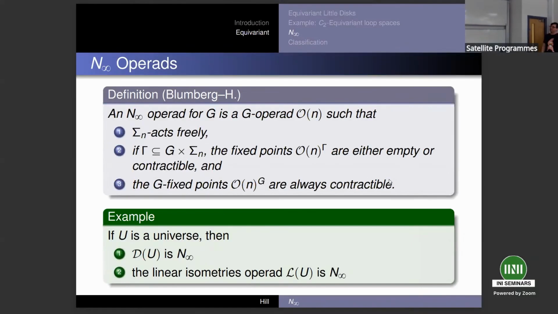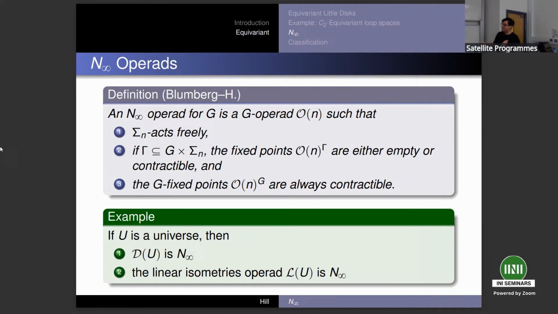So I want to get to N infinity, and I think I have time to do this. So what I'm going to do is say, all right, let's copy the key things that I wanted from E infinity, namely the contractibility, the fact that there was a unique space, and hybridize that with the fact that these little disks in V had nice fixed points for various kinds of graph subgroups.